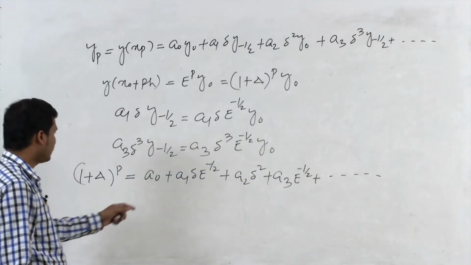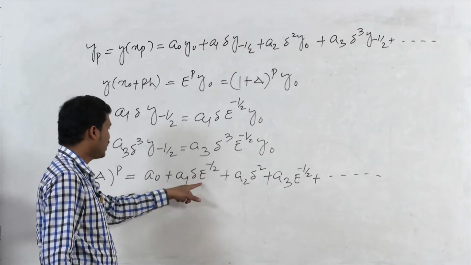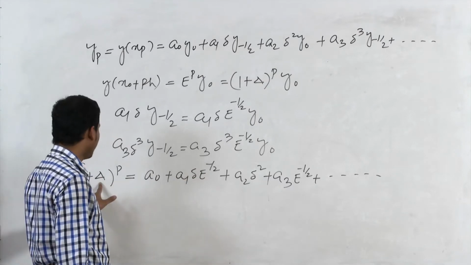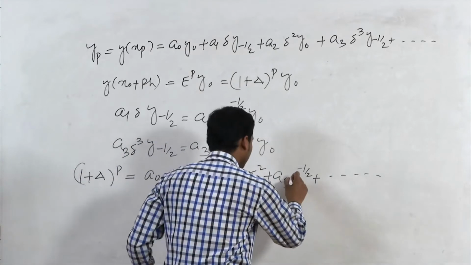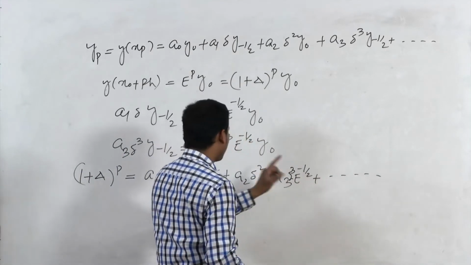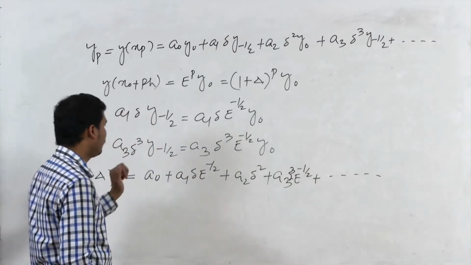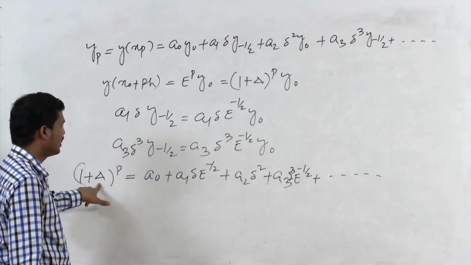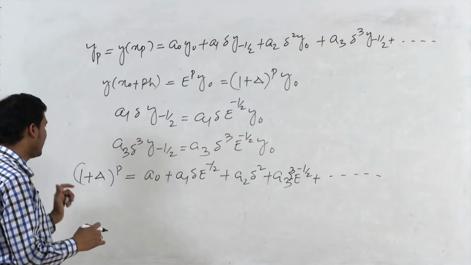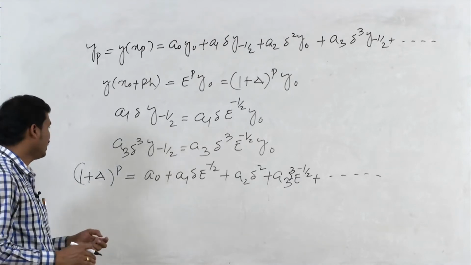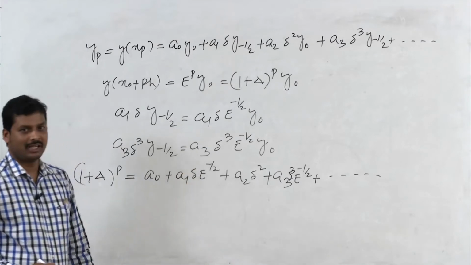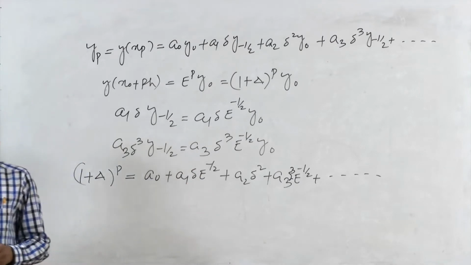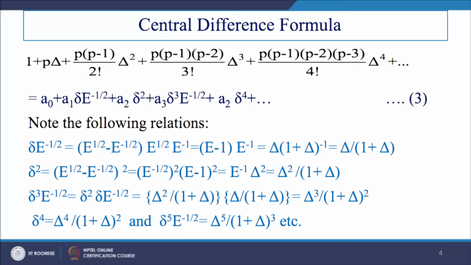Now we can express delta e to the power minus half in the form of a delta expansion, and delta cube e to the power minus half also in terms of delta. Then if we equate the coefficients on both sides, we can obtain the values of a0, a1, a2 and a3, and find the exact formula for the Gauss backward formula.